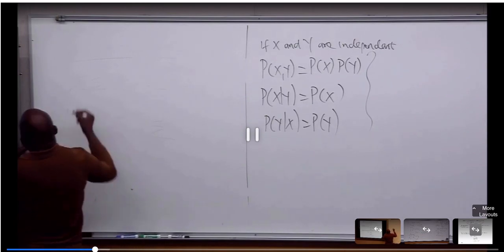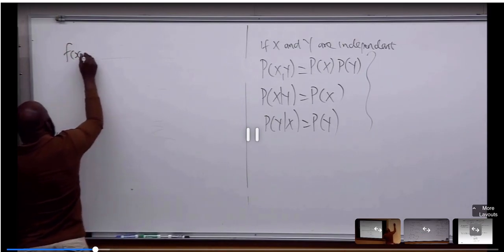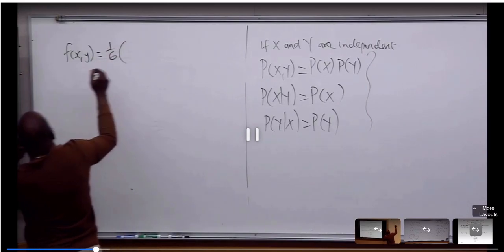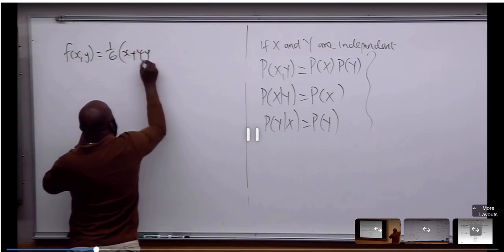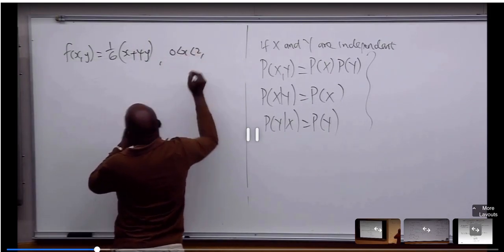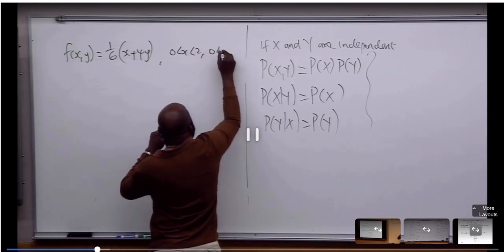You are given f of x y to be 1 over 6 into x plus 4y. Okay, and we got this and we got this.